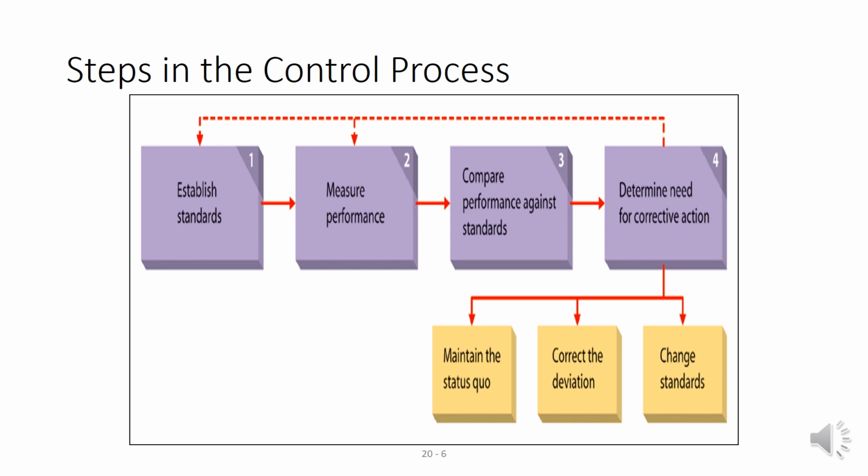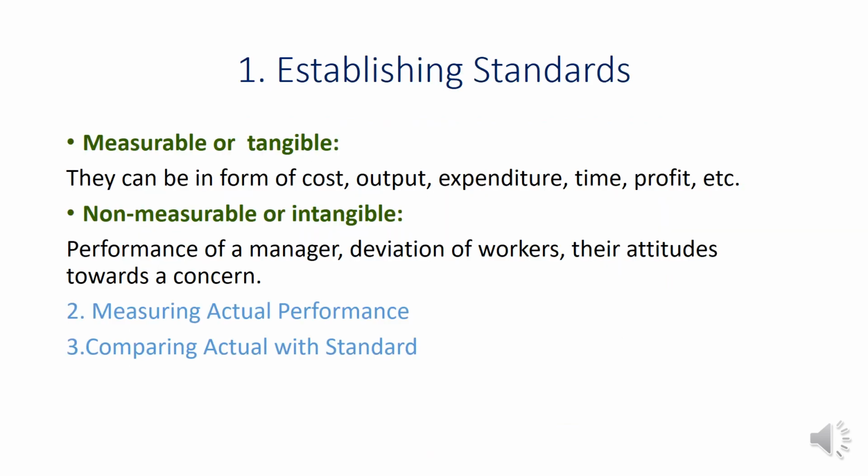Next, you have to see whether any deviation corrections need to be made, or whether the changes are very little or within the tolerance level, so that you can adjust to them. These are the different steps in the process of control.